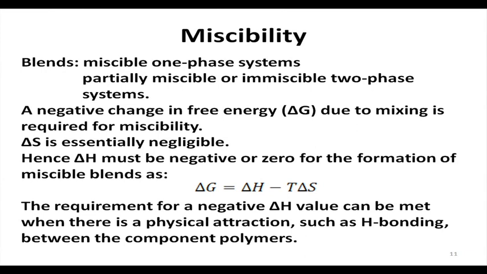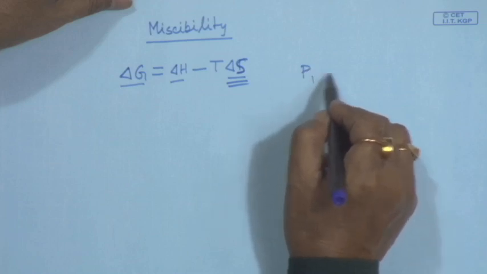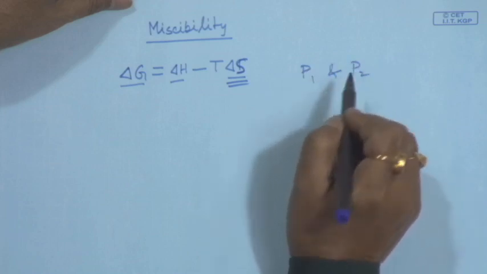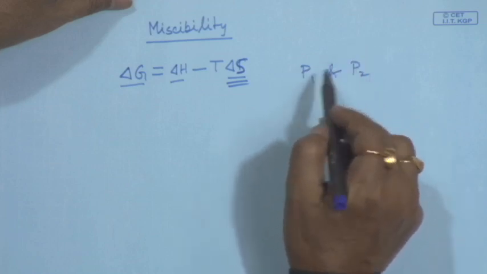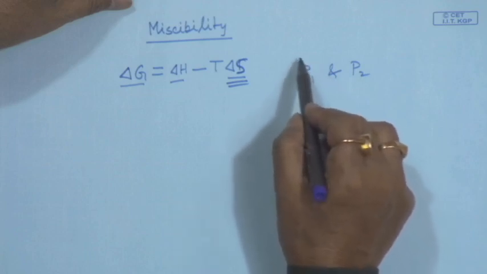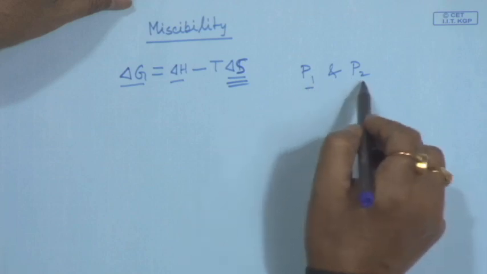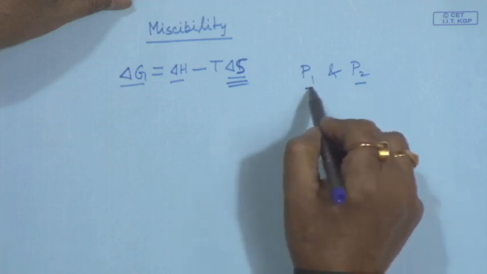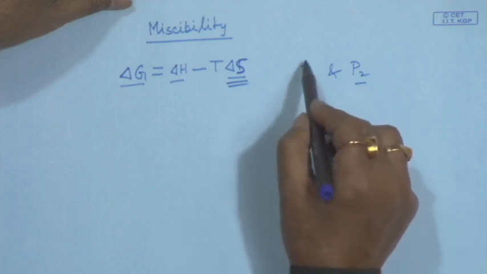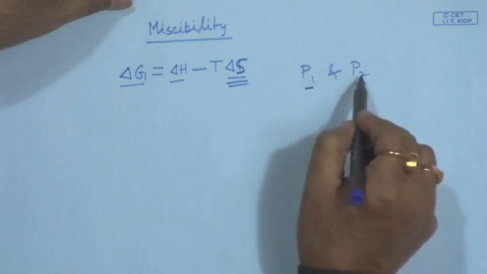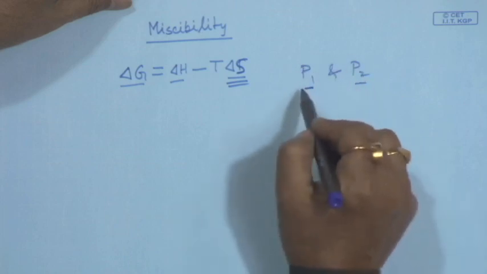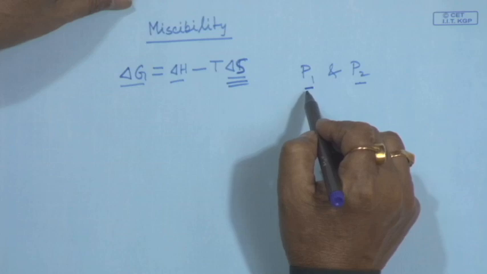Why? Because the component polymers P1 and P2 have very high molecular weight. Now, if we compare the miscible solution of P2 within P1, say P2 may be the solute and P1 the solvent, in this system both the components P2 and P1 are of very high molecular weight.